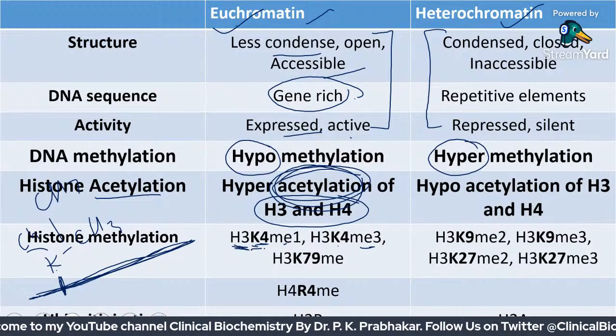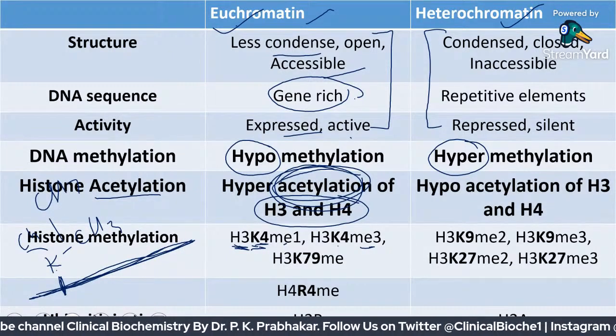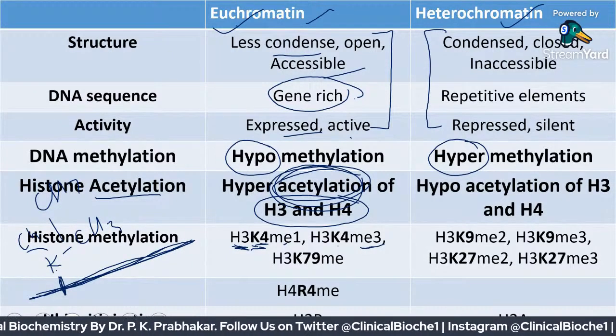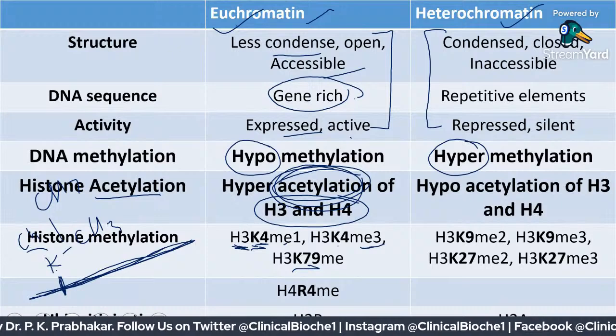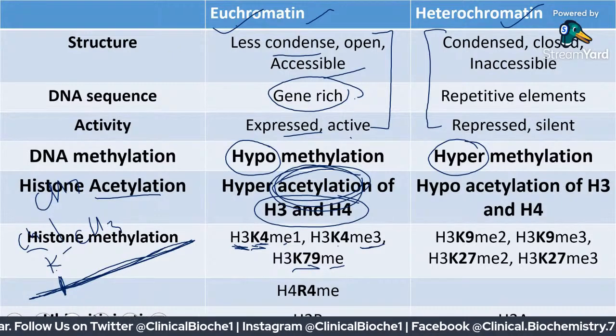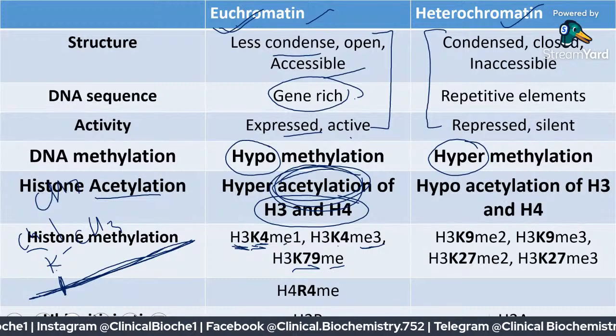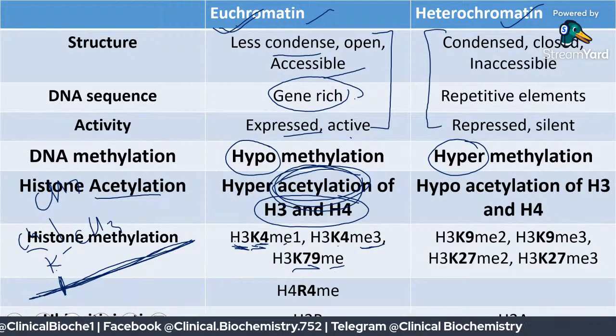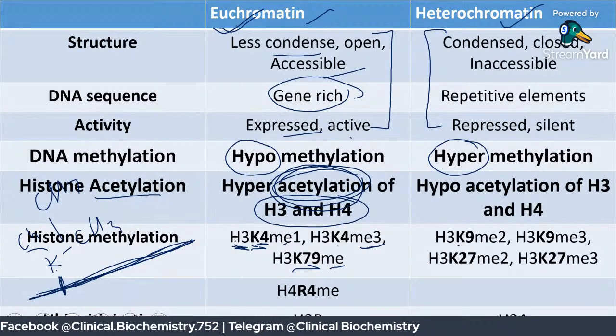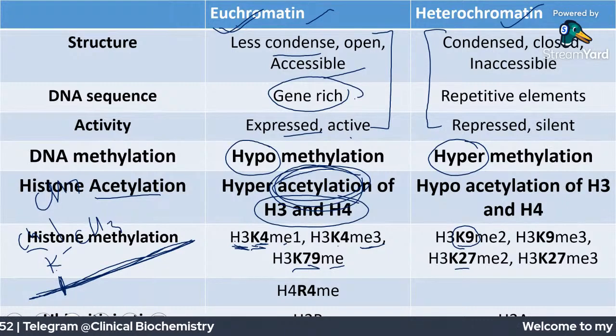So if the fourth lysine of H3 is one methylated or three methylated, or lysine at the 79th position is one methylated, it is going to give you euchromatin. Same histone 3, if you methylate at lysine number 9 and 27, it will give you heterochromatin.